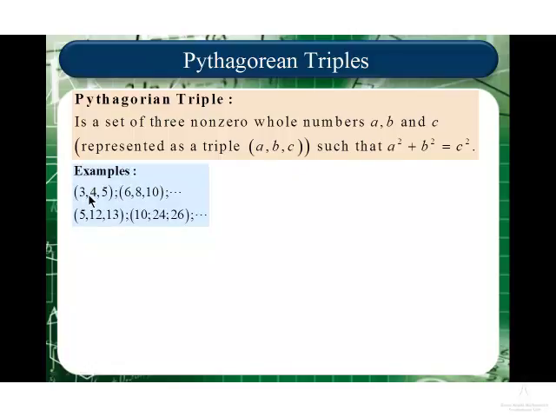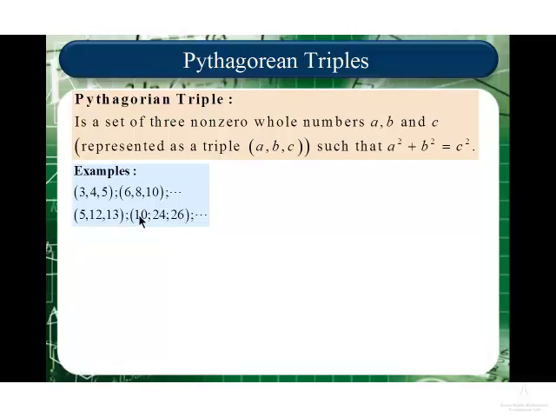Interestingly enough, 3, 4 and 5. You can construct a right triangle with side lengths 3, 4 and 5 because 3 squared plus 4 squared is equal to 5 squared. Check that. Other examples are 6, 8 and 10, 5, 12 and 13. Check it out. 10, 24 and 26.